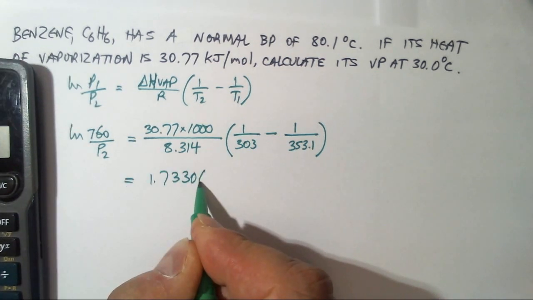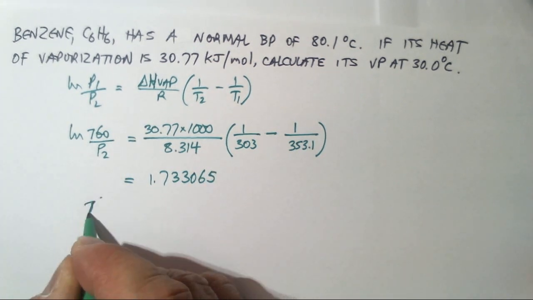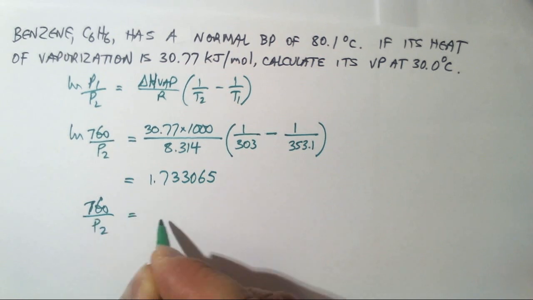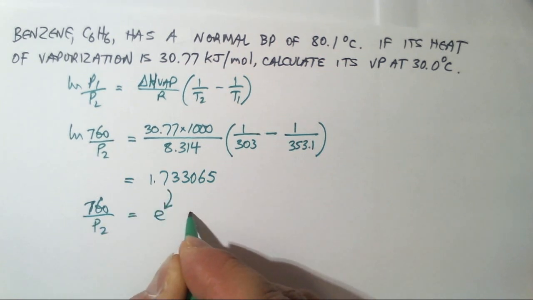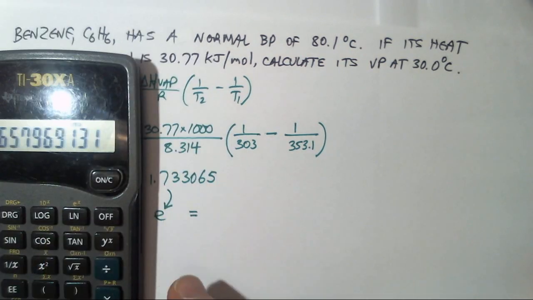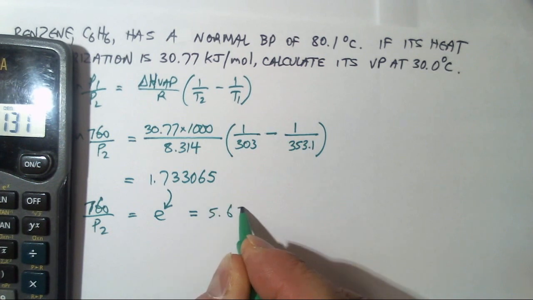1.733065 and some change. So 760 over P2 will be e to all of that, which I'm going to hit second ln, or e to the x, and that's 5.657969.